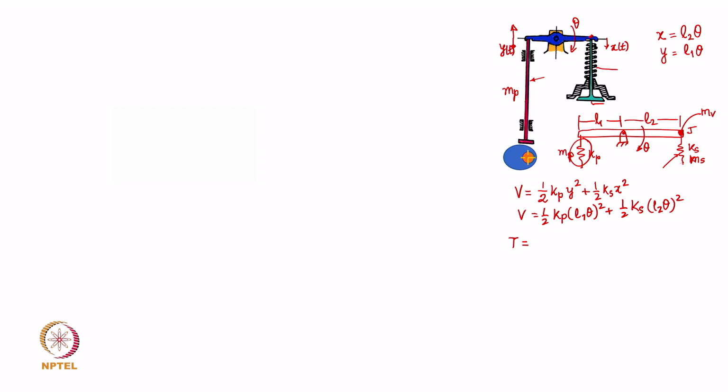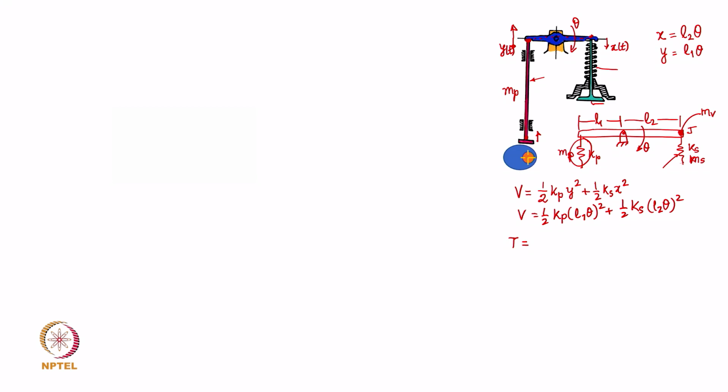There is a difference between the mass which is distributed of the rocker and that of the push rod. The push rod is getting compressed and it is moving. Each of these elements move with a different displacement as compared to this end of the push rod. So, each element of the push rod moves with different velocities, right.